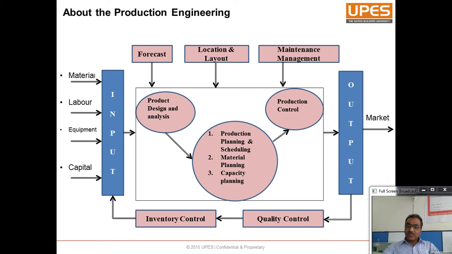we require machine capacity planning, we need to take care of the quality of the product that is getting manufactured, we need to understand the inventory, meaning to have the flexibility during the course of manufacturing.